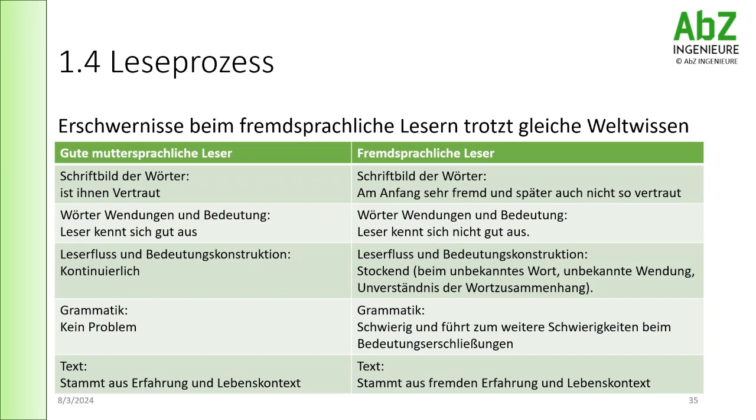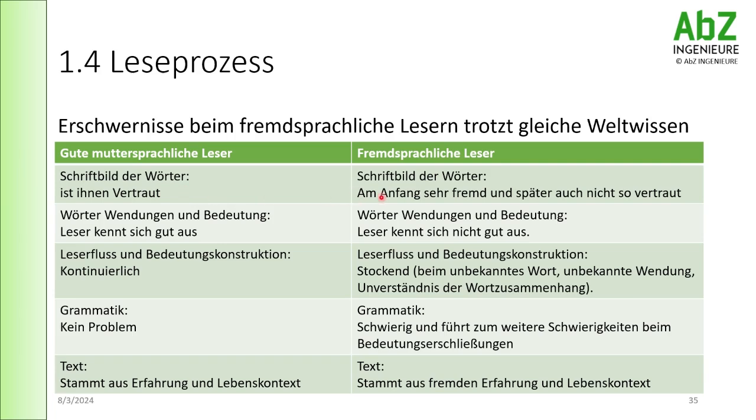So, continuing with the common complaints. What are the difficulties during reading a text in a different language, despite having the same worldly knowledge? On the left you have the gute Muttersprachliche Leser, and on the right you have the Fremdsprachliche Leser. Schriftbild, meaning the font.